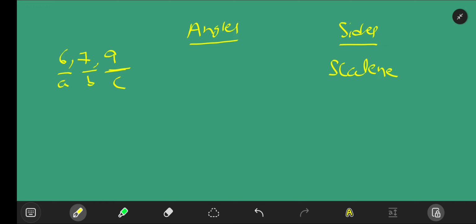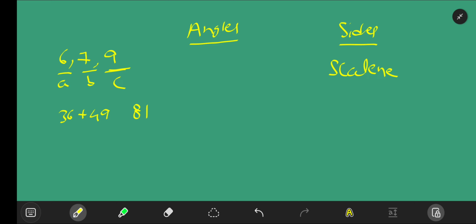Now the formula is A square plus B square. We have to see whether it is equal to C square, greater than C square, or less than C square. 6 square is 36, 7 square is 49, and 9 square is 81.